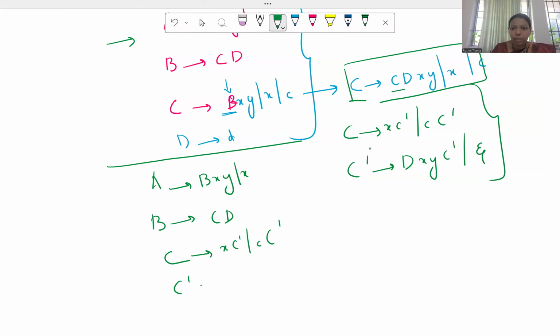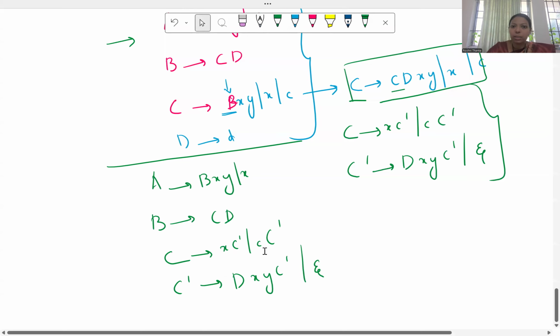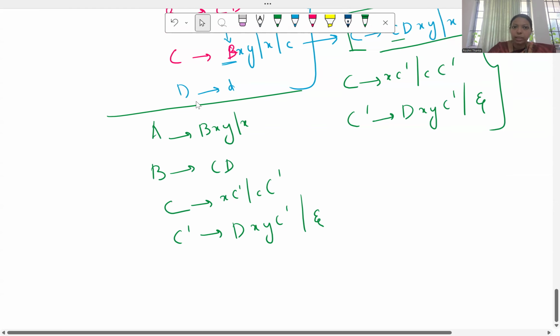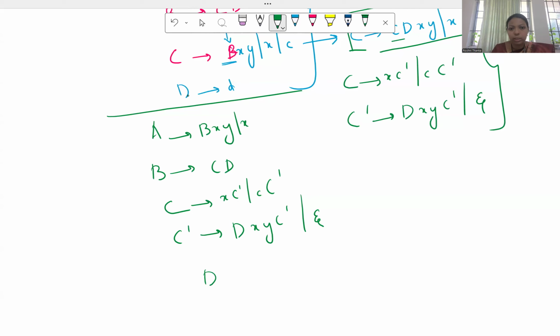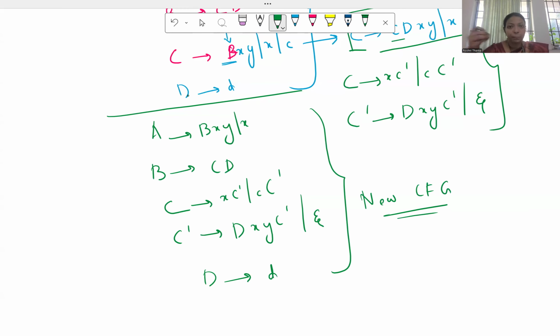And this C dash tends to DXYC dash, and epsilon. Here also there is no substitution, since we don't know what C is already, and C dash is not known. So no problem, no left recursion, and no substitution can be done. And finally, the last one, D tends to D. Now this is our new context-free grammar, which is free from immediate left recursion and also indirect left recursion after we do the substitution.